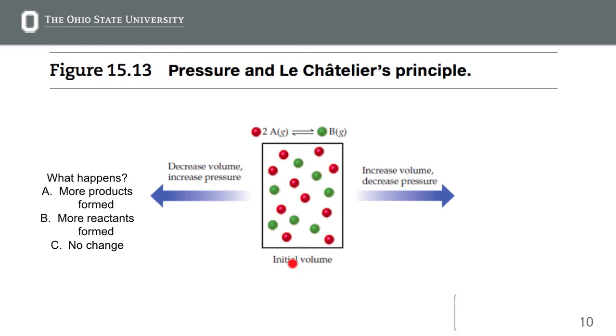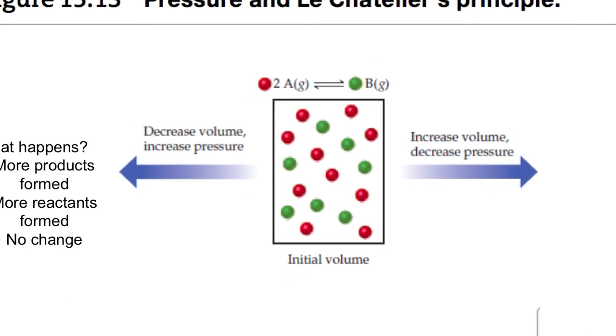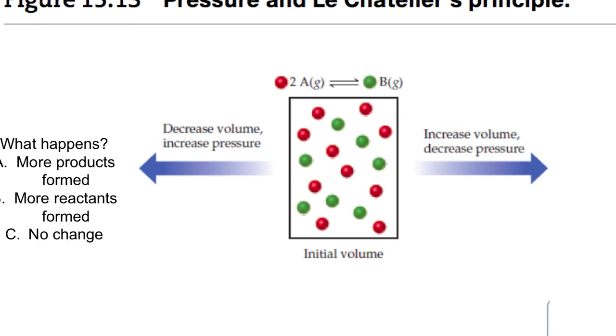Okay, so let's say we have a container that has an equilibrium of 2A in equilibrium with B. And A is represented by the red spheres. B is represented by the green spheres. If you're red-green colorblind, I truly apologize. I did not catch this earlier. We'll work on this slide.